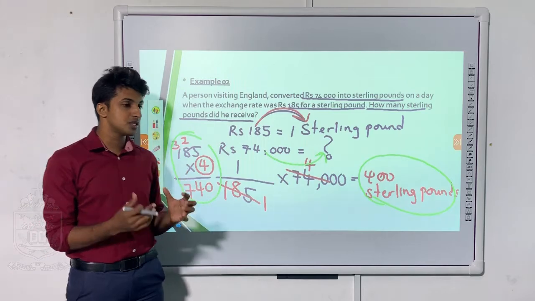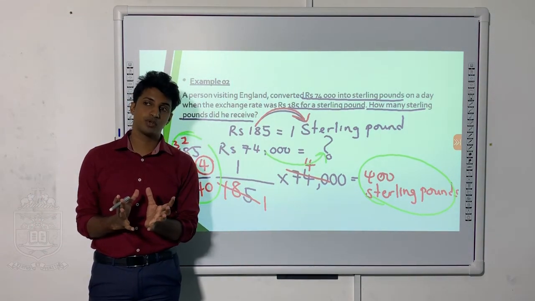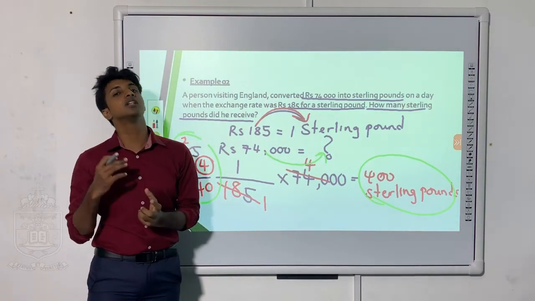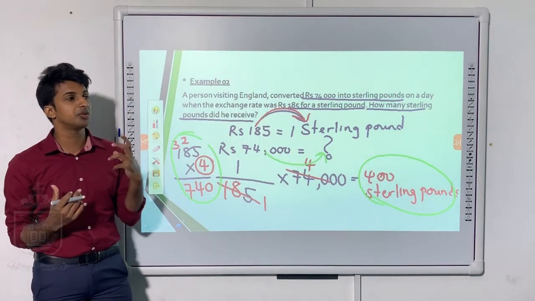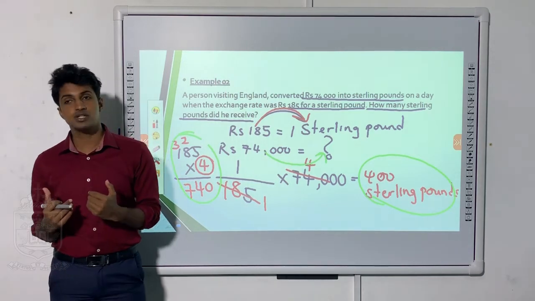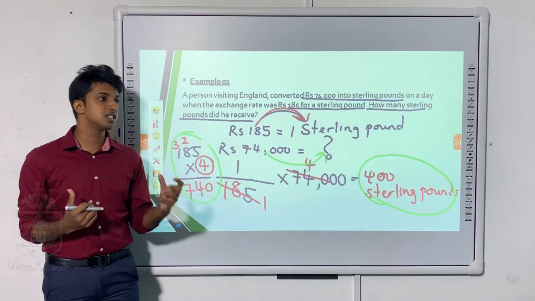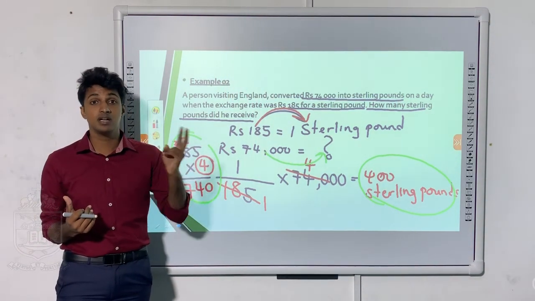So on direct proportions, it is very simple: when one quantity is increasing, the other quantity will also increase, or when one quantity is decreasing, the other quantity will also decrease, right? Under that, we discussed questions under 3 methods: the unitary method, the algebraic method, and the definition method. I told you the definition method and the algebraic method are important.